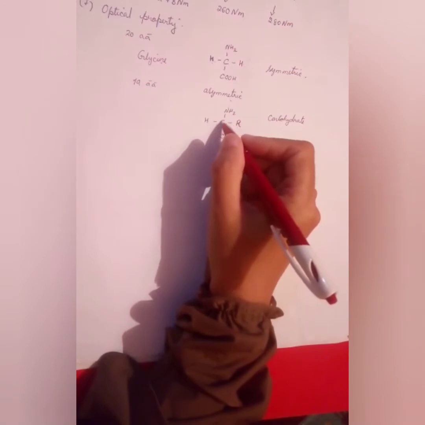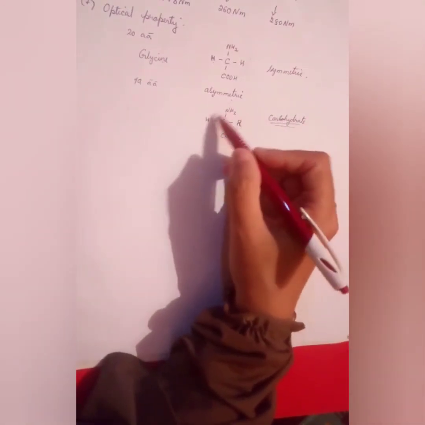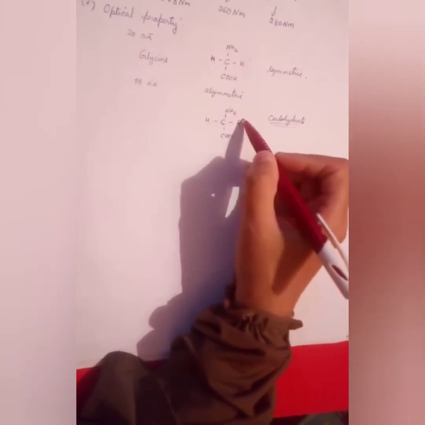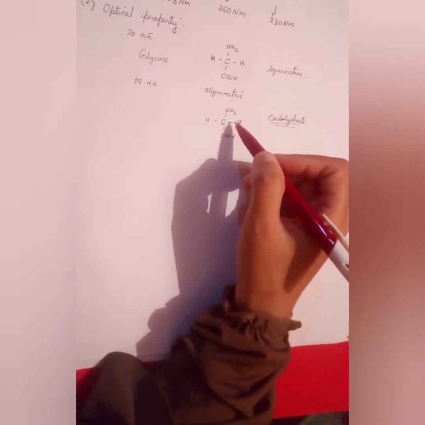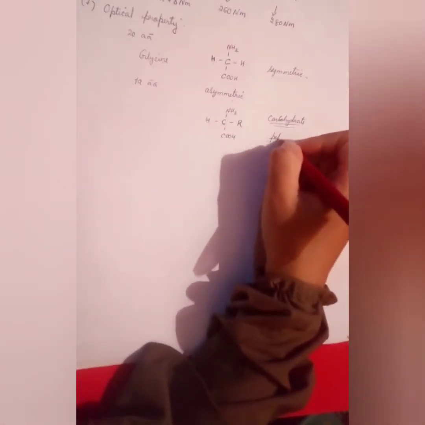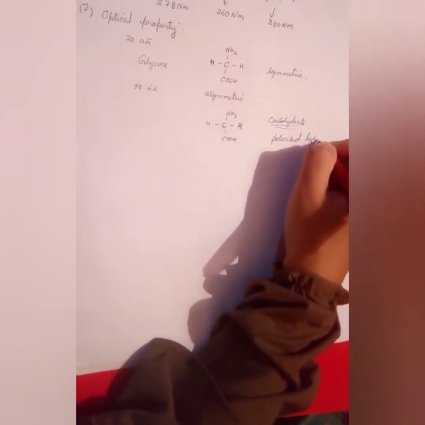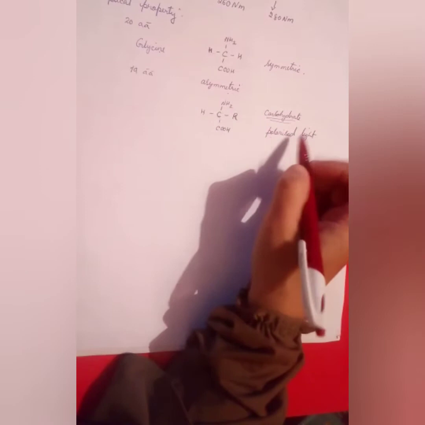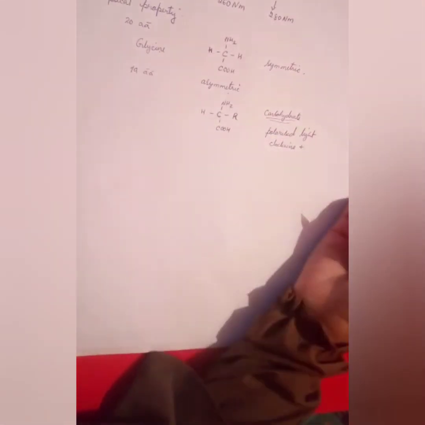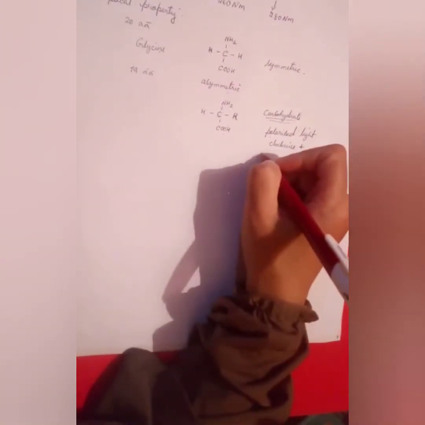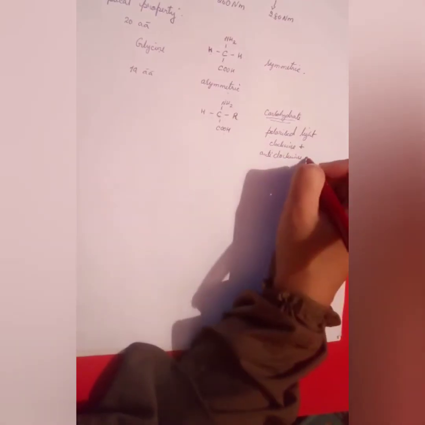That means they can rotate the plane of polarized light, either clockwise, which is indicated by a plus sign, or anti-clockwise, which is indicated by a minus sign.